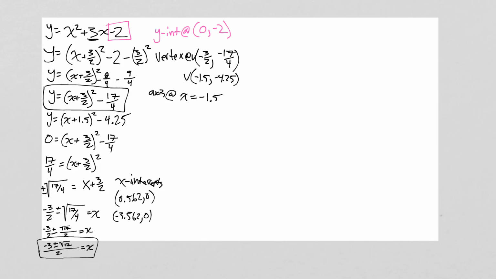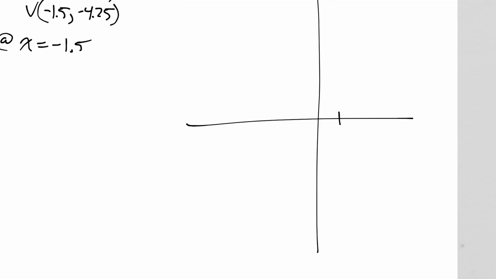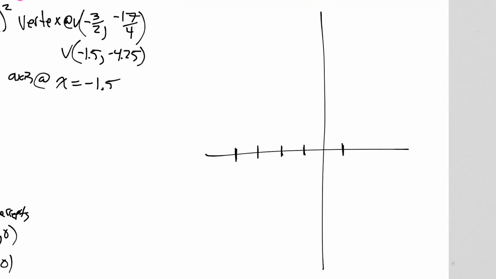And we can go ahead and sketch a graph now. We have all the information we need. So again, get an idea of where you are. Our axis of symmetry is at negative 1.5, so we're going to be kind of favoring the left side. Vertex is at negative 4.25, so maybe something like that will work for us. So let's go 1, 1, 2, 3, 4 right there. Axis of symmetry is at negative 1.5, so we can dash that in.